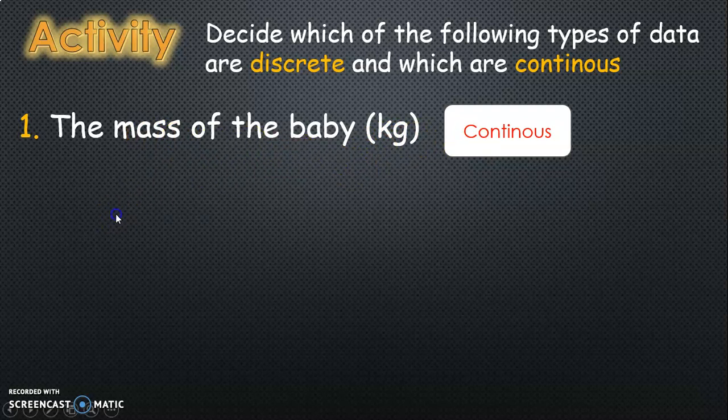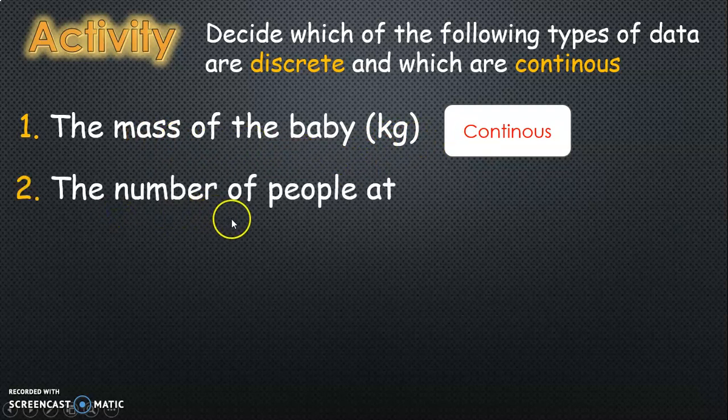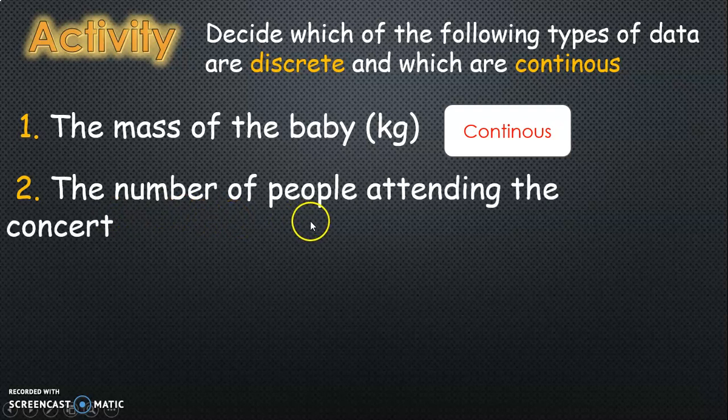Number two, the number of people attending the concert. Imagine the people who want to watch a concert where some artists are performing. We can give the exact or a specific amount of people who can watch the concert.